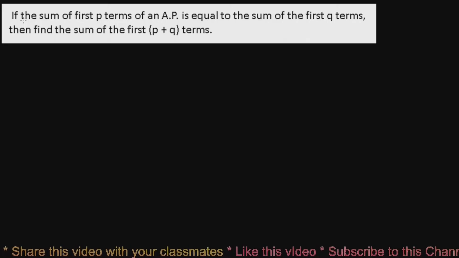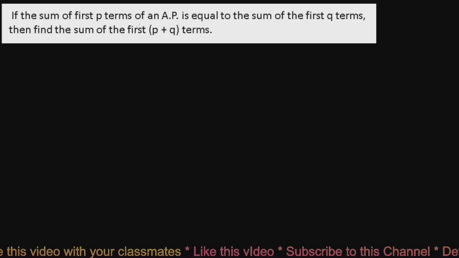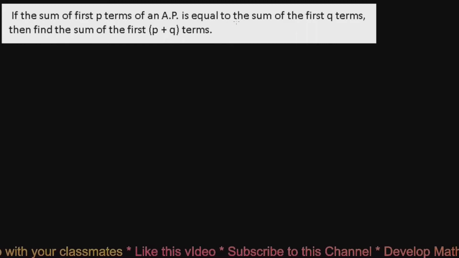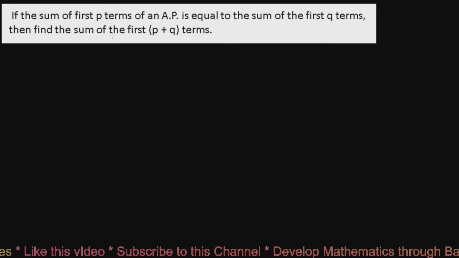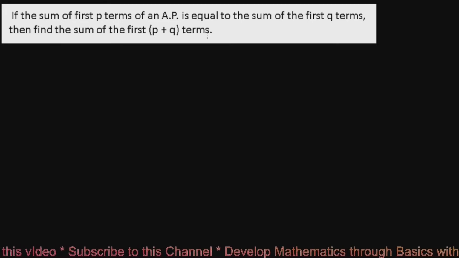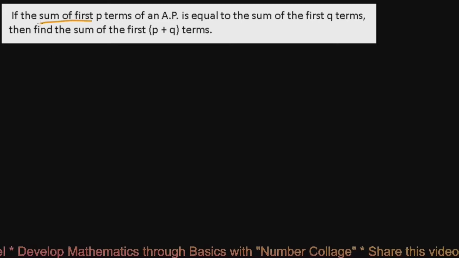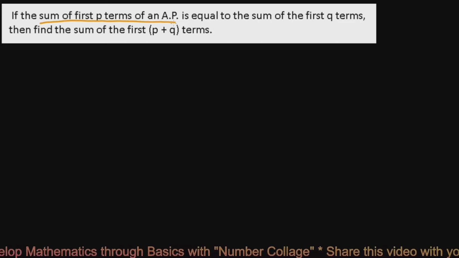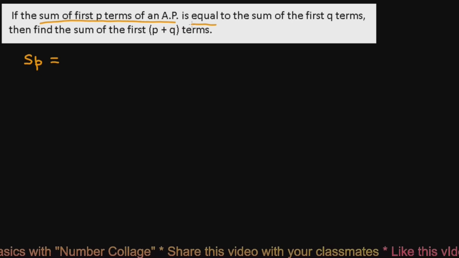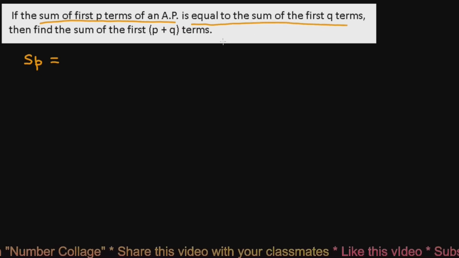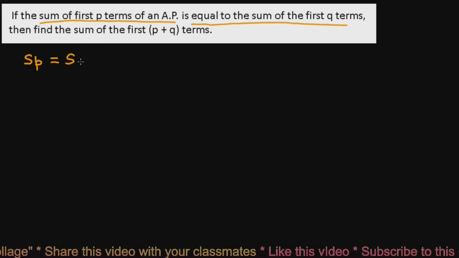Next problem: if the sum of the first p terms of an AP is equal to the sum of the first q terms, then we have to find the sum of the first p plus q terms. We write the sum of the first p terms of the AP as Sp, which is given to be equal to the sum of the first q terms, Sq.